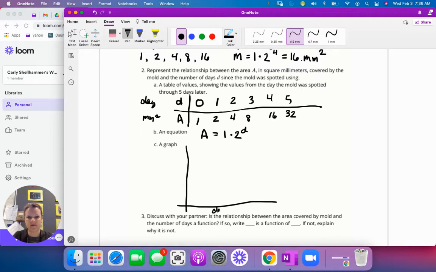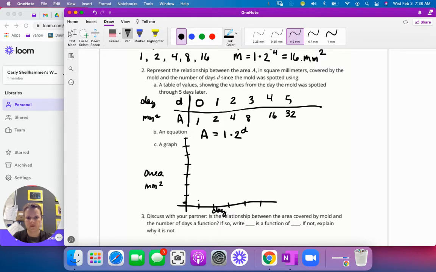We have days, 1, 2, 3, 4, 5, and then area, which would be millimeters squared. We go anywhere from 1 to 32, so let's go by 5s: 5, 10, 15, 20, 25, 30, 35. So day 0 we're at 1.